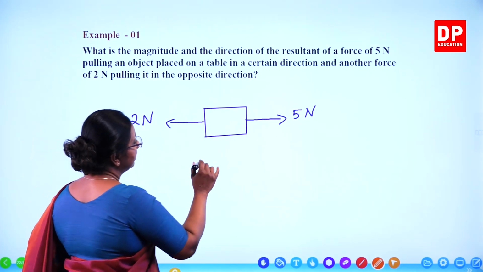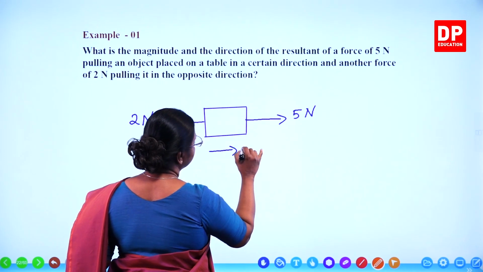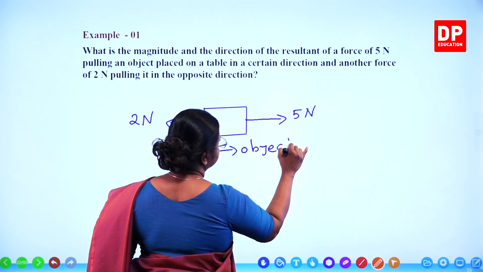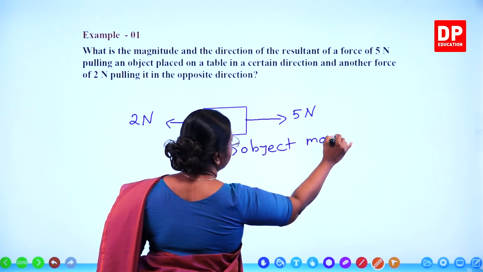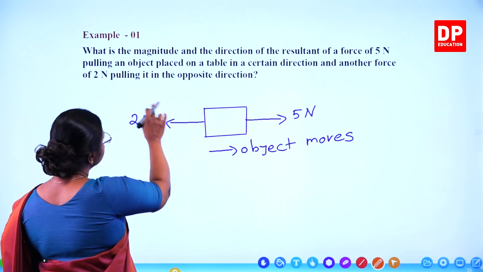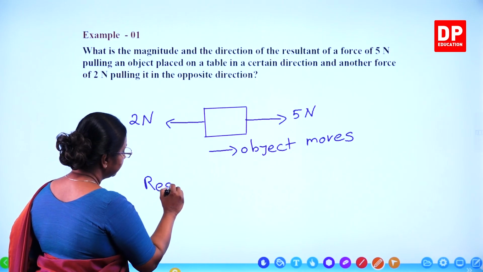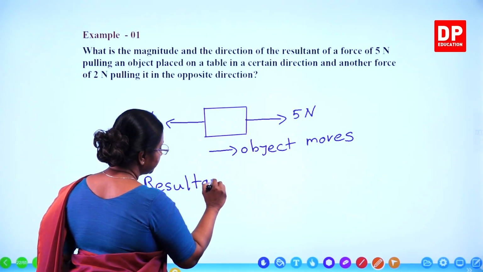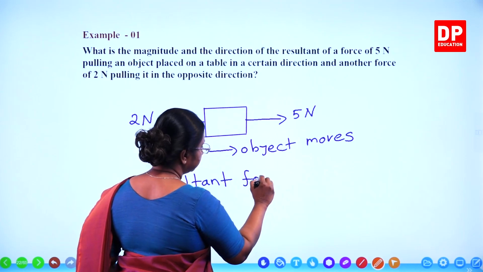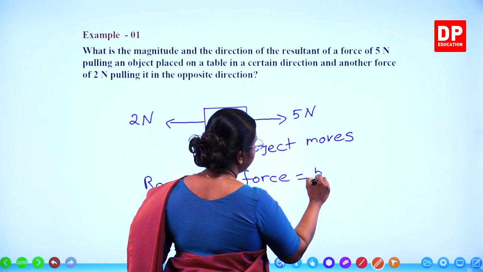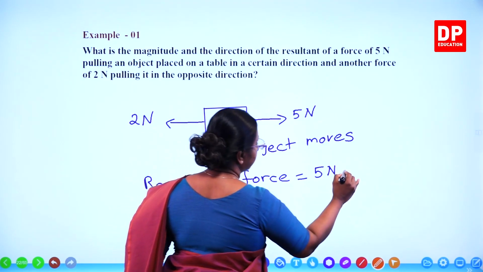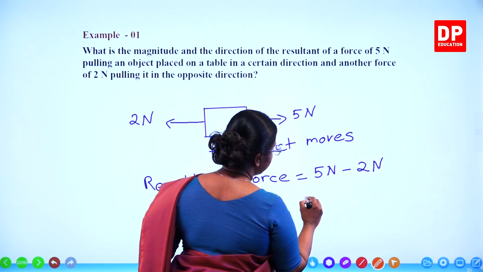So obviously immediately you all know the object moves in this direction. Why? This is the larger force, this is the smaller force. And how do you find the resultant? Resultant force is the difference between the two forces, 5 Newton minus 2 Newton.